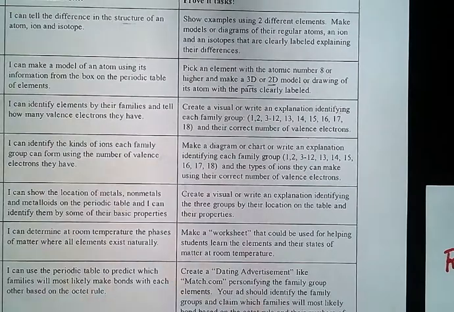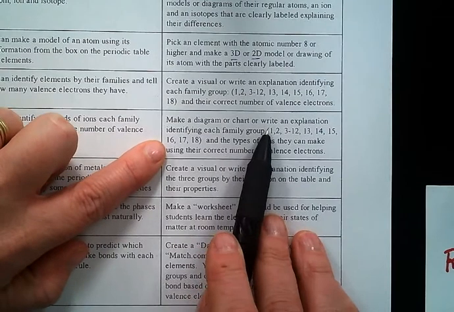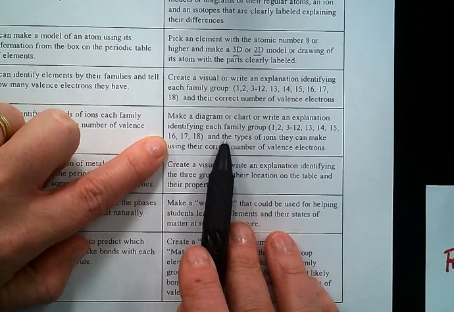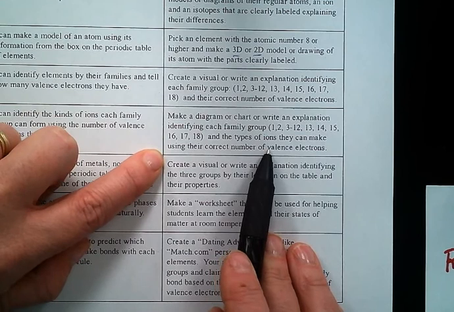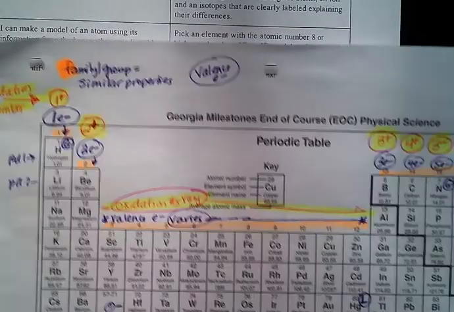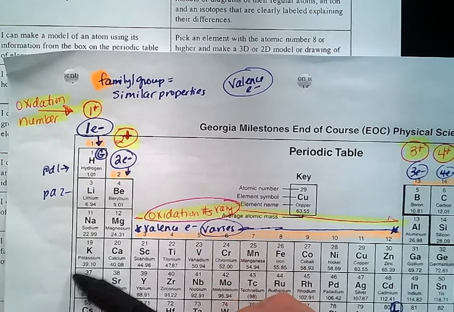Then the next one is I'm going to make a diagram or a chart, or I can write an explanation identifying the family group and the types of ions they can make using the correct number of valence electrons. So we did that today on the periodic table. I don't have to remake the periodic table at all.